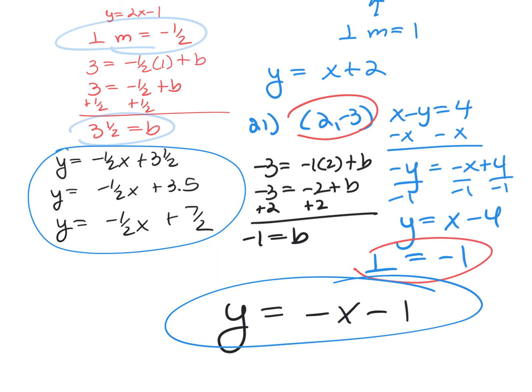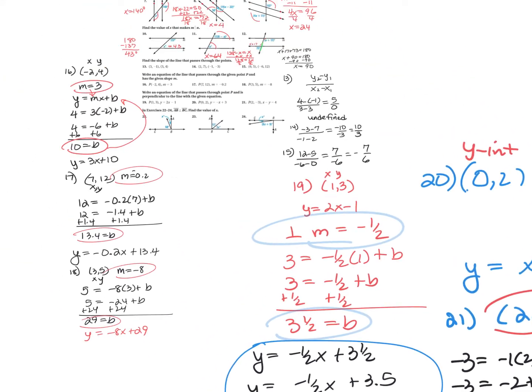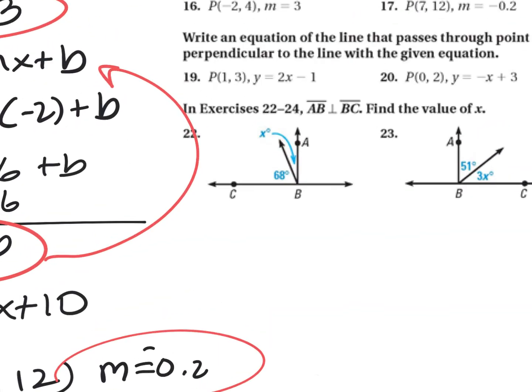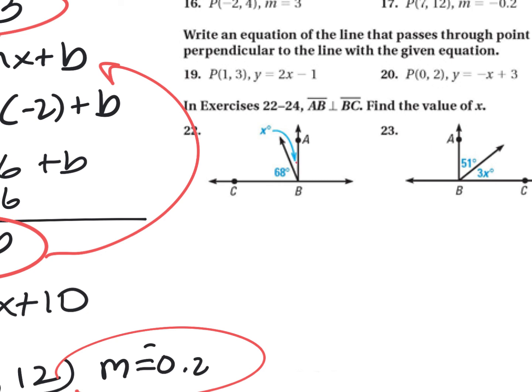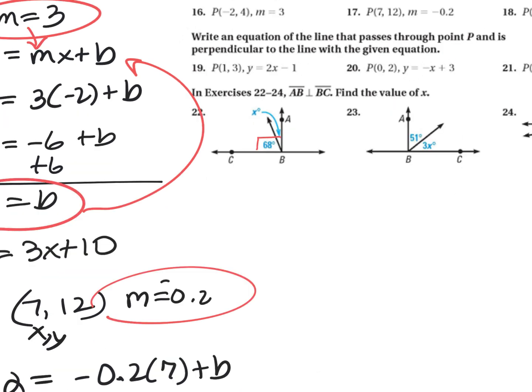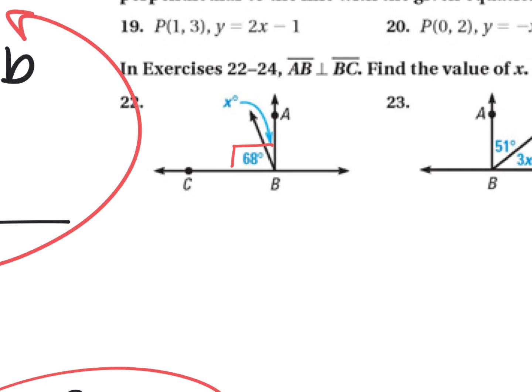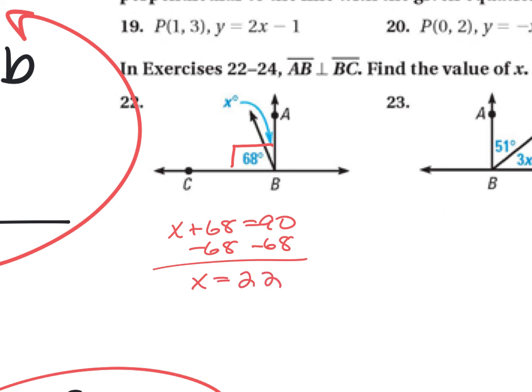And then the last three, we were told that for 22, 23, 24, AB is perpendicular to BC. So that tells me that I've got a little right angle right here. So in order to find x, I'm just going to use my angle addition, and I'm going to add x plus 68 equals 90, subtract 68, and x equals 22.